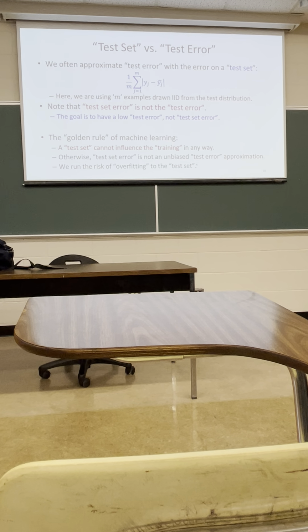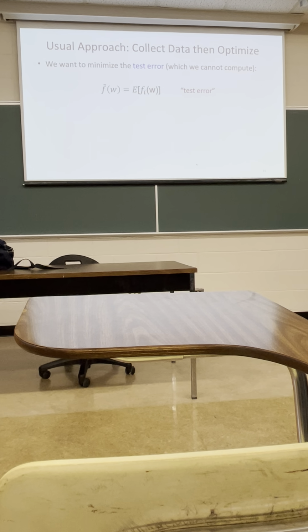Those data cannot be included. Otherwise, we cannot call it a test set; we can call it a validation set or some data without proper labels. Otherwise, we have the risk of overfitting the test set. As you have learned in your previous courses, there are a lot of ways to tackle the problem of overfitting.